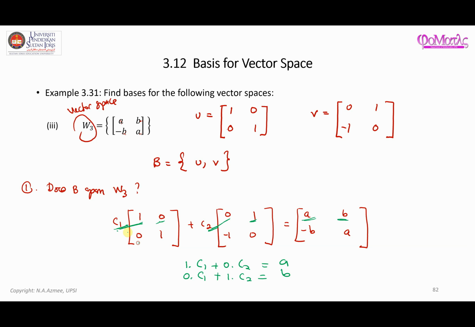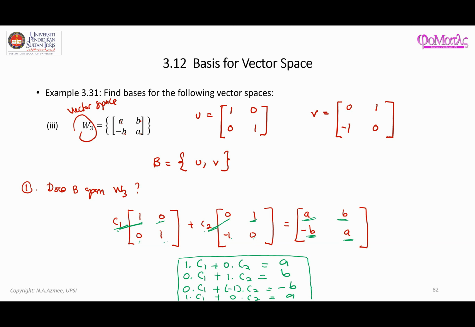Okay, next, 0 times C1 plus negative 1 times C2, the answer is going to be negative B. And then for this one it is 1 times C1 plus 0 times C2, the answer is going to be equal to A. Now, based on these linear equations, so this is the system of linear equations, we can construct the usual augmented matrix.